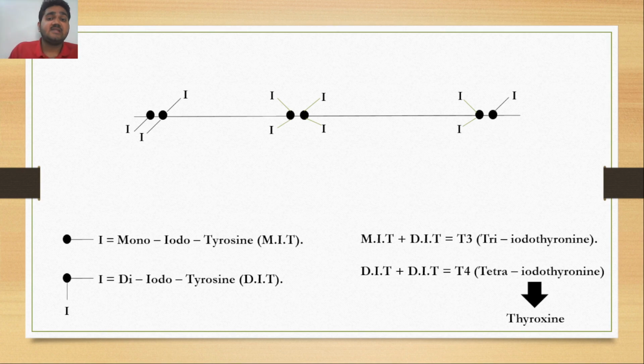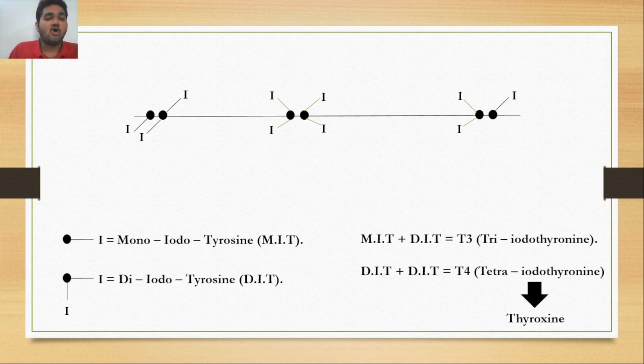So the first step was that the iodine is going to get attached to our tyrosine residue. Now when one iodine gets attached to our tyrosine, that is known as MIT, and that is known as monoiodotyrosine. Now if two iodines get attached to our tyrosine molecule, then that will result in the formation of DIT, and that is known as diiodotyrosine.